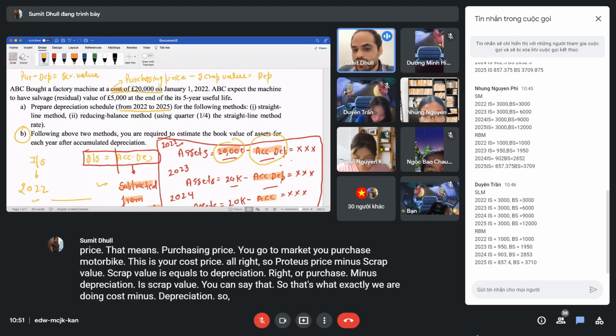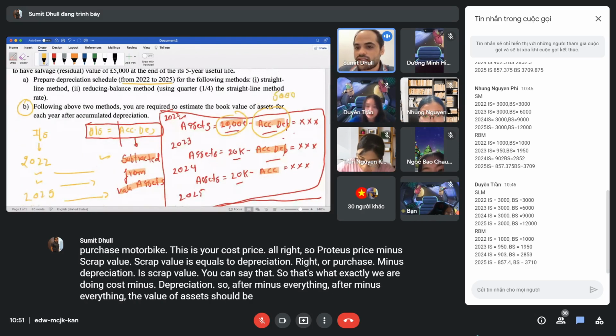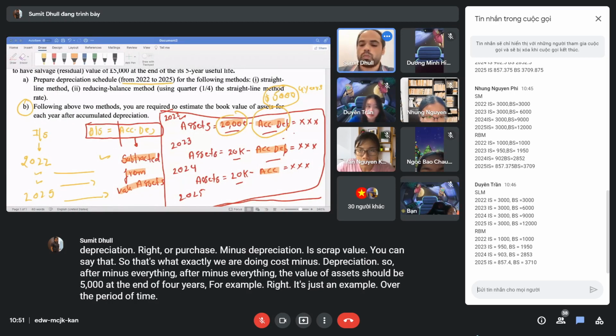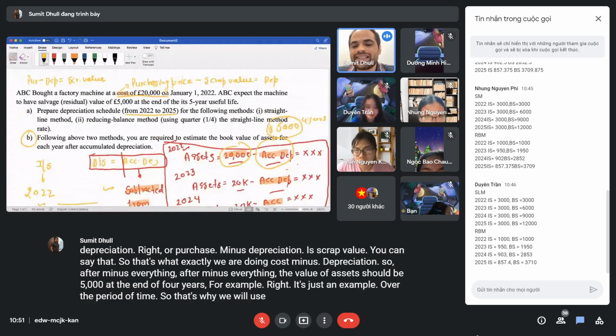After minus everything, the value of asset should be, for example, $5,000 at the end of 4 years. It's just an example, over the period of time. So that's why we use the purchase price, not the scrap value.